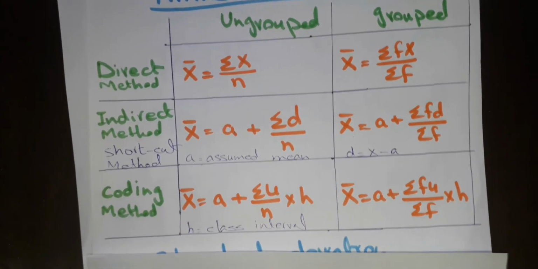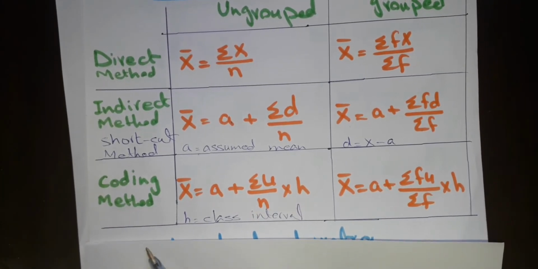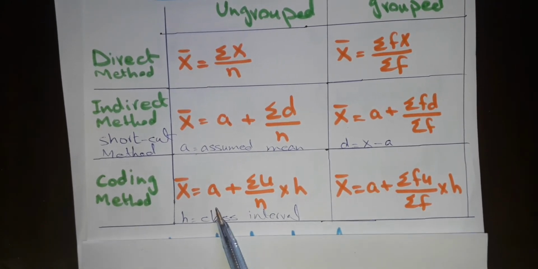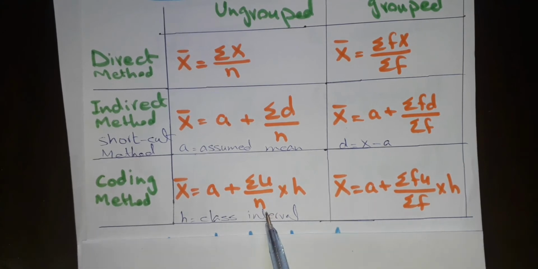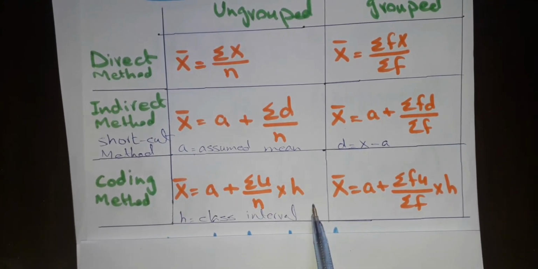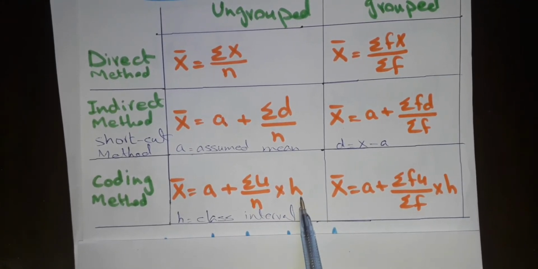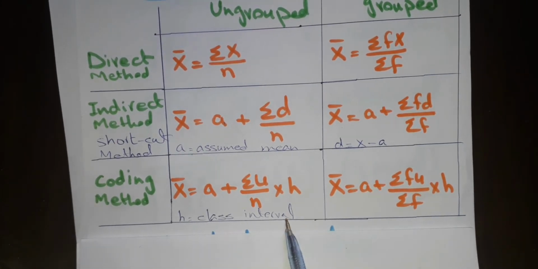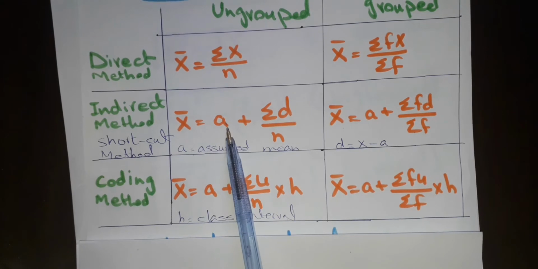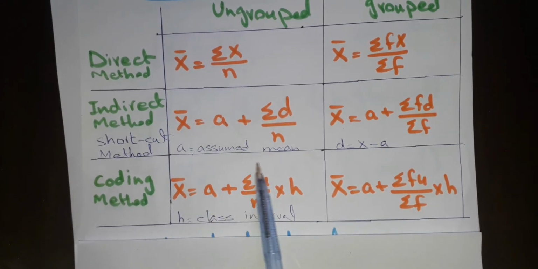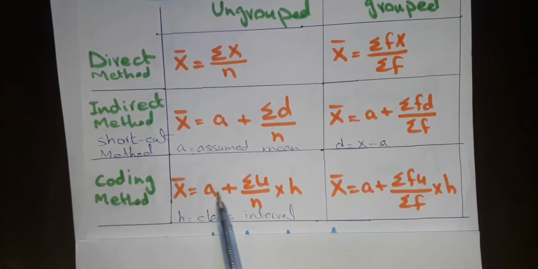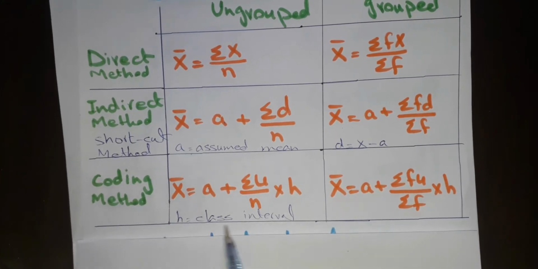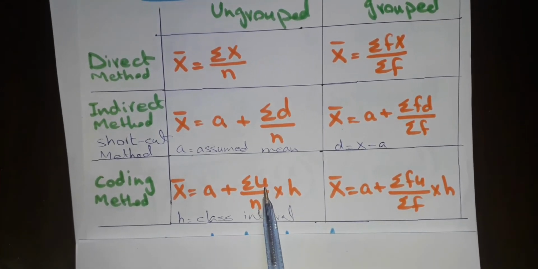Now the third formula is the coding method. The formula is x bar is equals to a plus summation u over n multiplied by h. Here, h is the new term. What is h? H is the class interval. A is the assumed mean. And what about u?